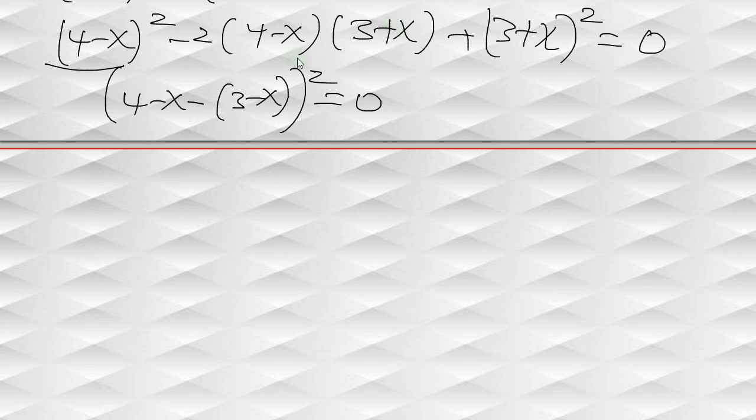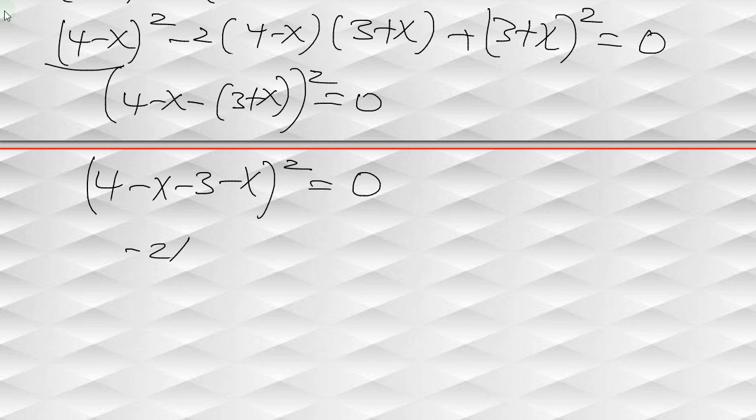So from here we have 4 minus x minus 3 minus x, to the power of 2, and this is 0. So from here we have (minus 2x plus 1) to the power of 2.